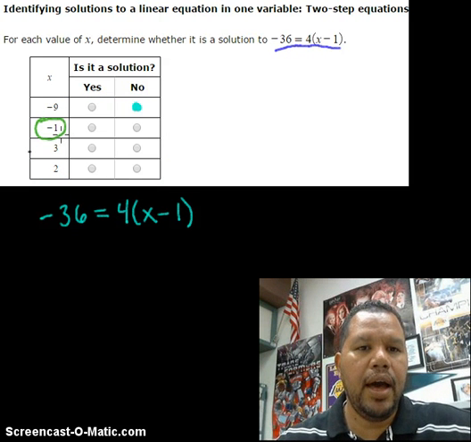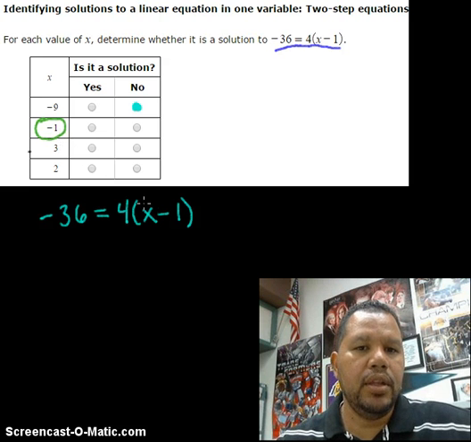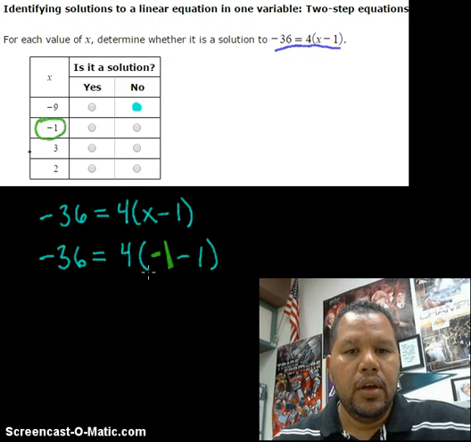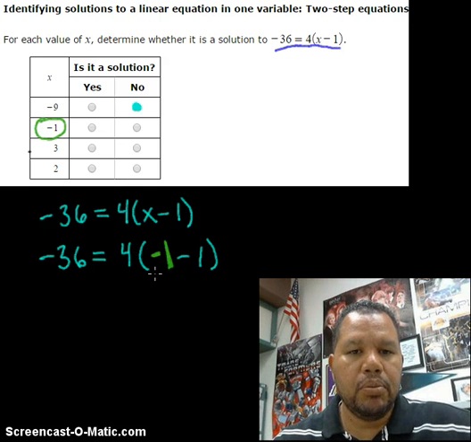Okay, so now I want to replace the x with negative 1. So I'm going to rewrite it with negative 1, substituting in for x. Again, I will work inside the parentheses. So we have negative 1 minus 1, or subtract 1, which is the same thing as adding the opposite.